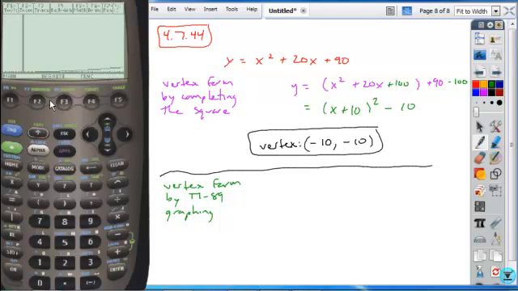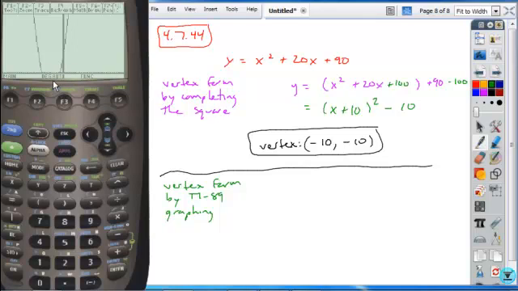Okay, I'll change my window settings here a little bit. Okay, so as I look at my window settings, I see my vertex.